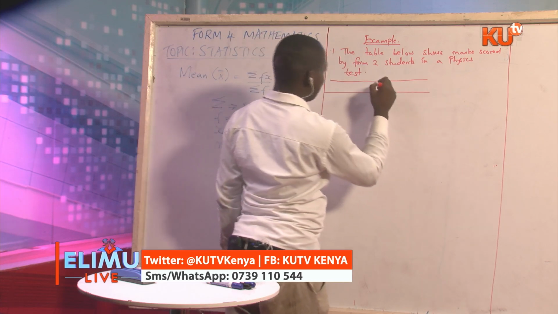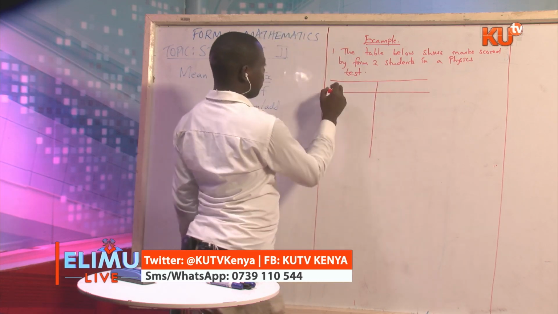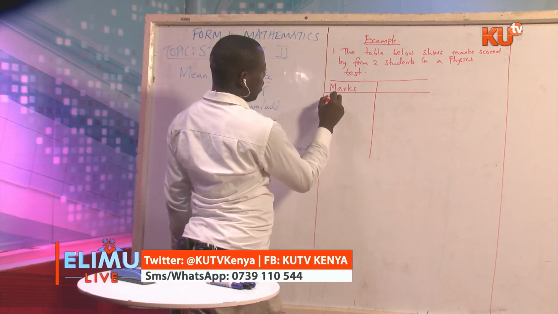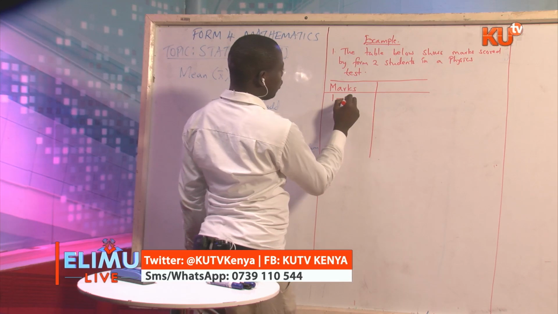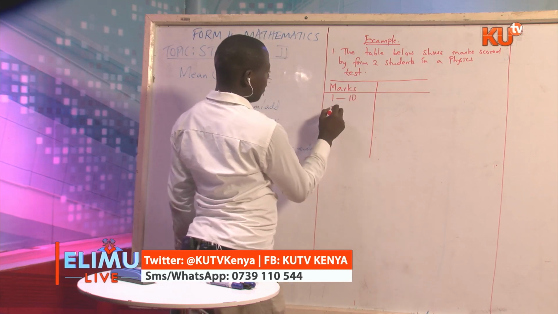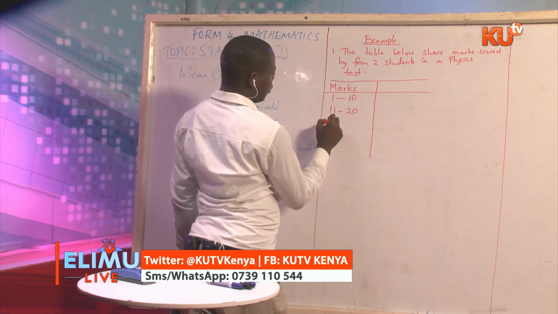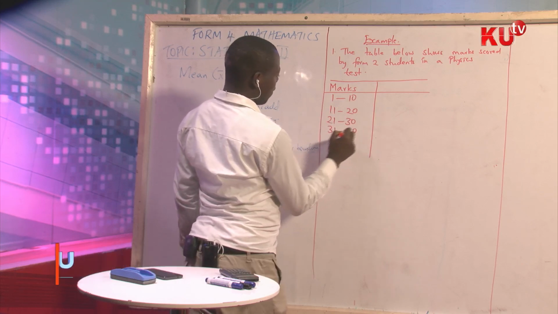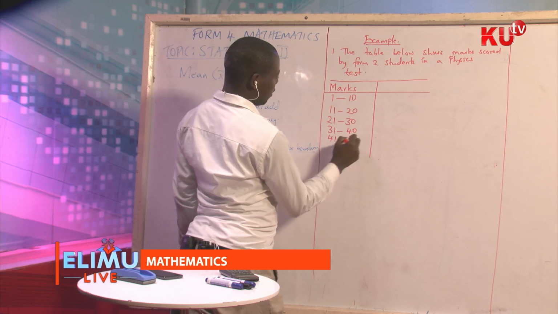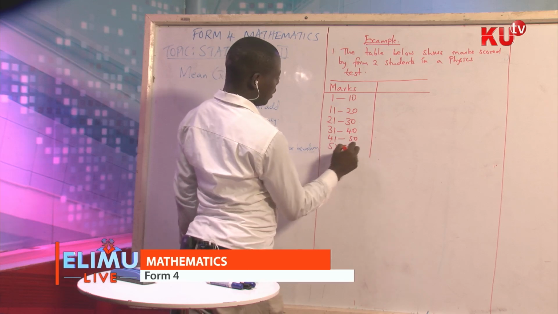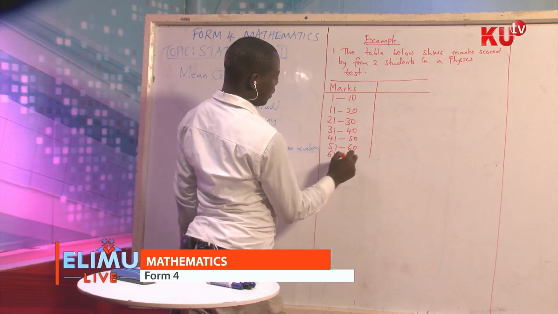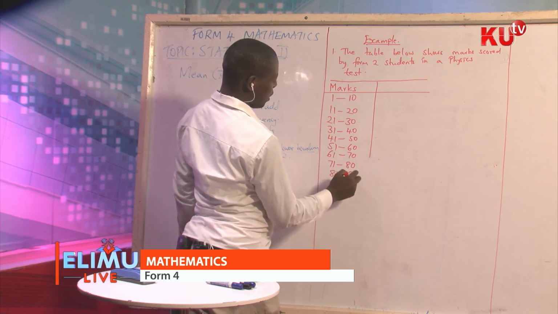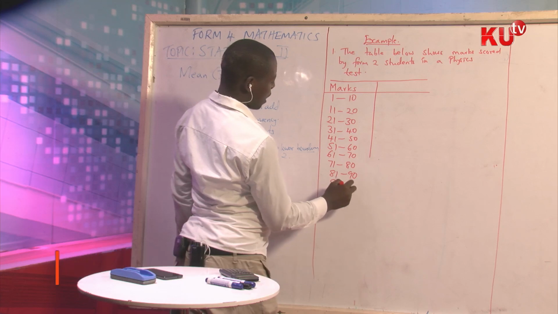This is our table. We have the marks, from 1 to 10, 11 to 20, 21 to 30, 31 to 40, 41 to 50, 51 to 60, 61 to 70, 71 to 80, 81 to 90, and 91 to 100.